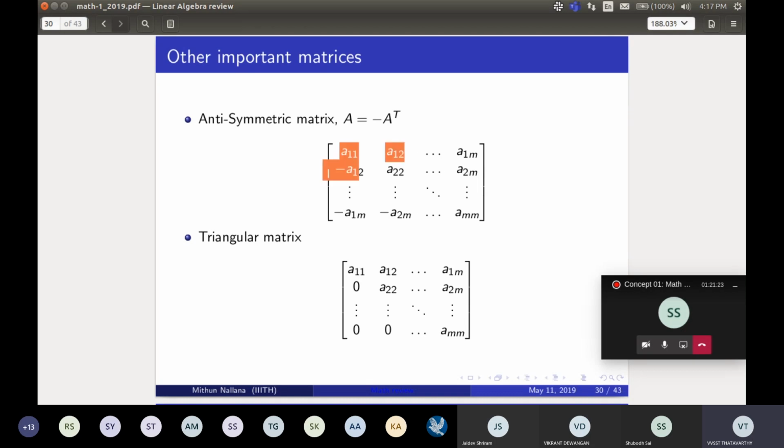A few slides ago, we saw an example of an anti-symmetric matrix when representing a cross product in matrix form. You take any vector, represent its anti-symmetric matrix version, and multiply with another vector, and you get the cross product. An anti-symmetric matrix is defined this way: you take A and A transpose, and A transpose will be the negative of the A matrix.